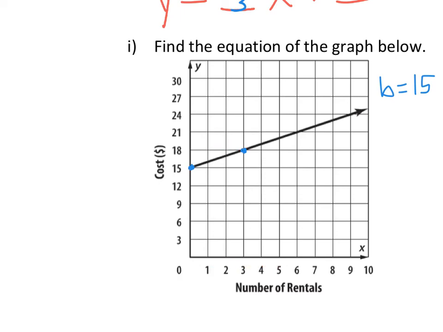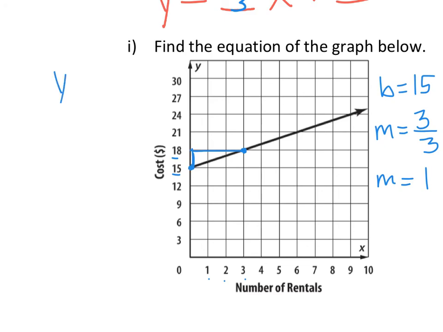represents 1 unit. Here, we're going up 1 block, but remember, up and down I'm going from 15 to 18. So I'm going up 3, because I'm going up, it's positive. And I'm going right 3 units. 1, 2, 3. So our slope is 3 over 3, which equals 1.